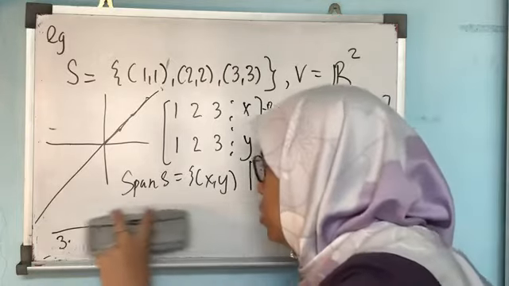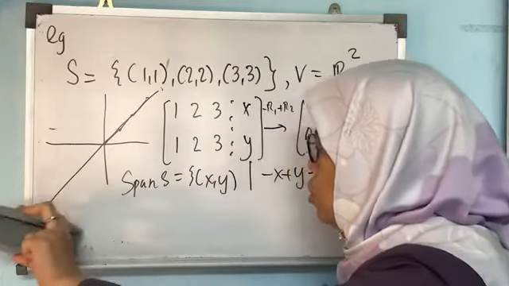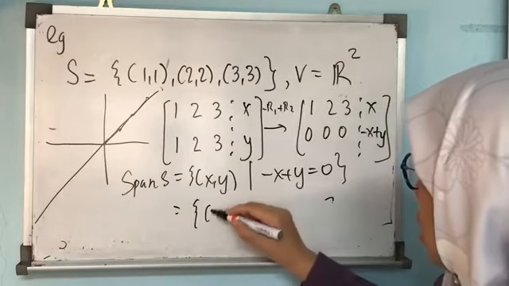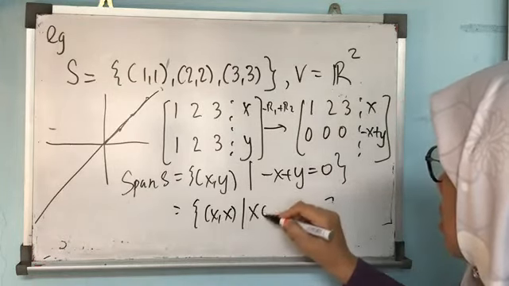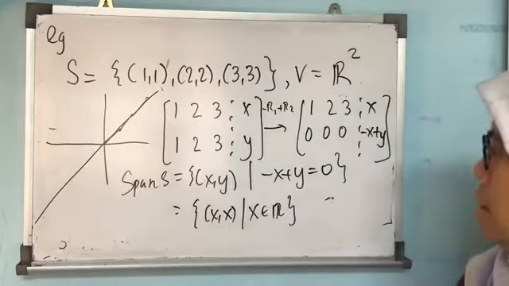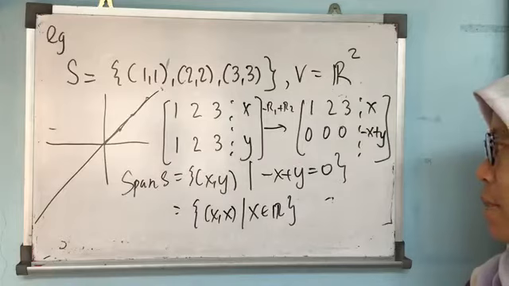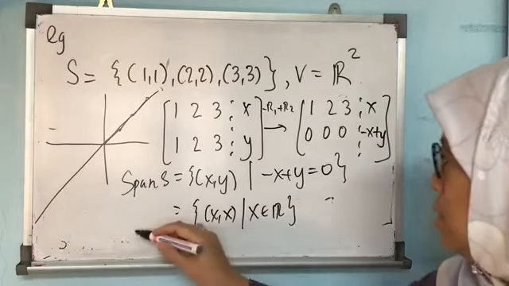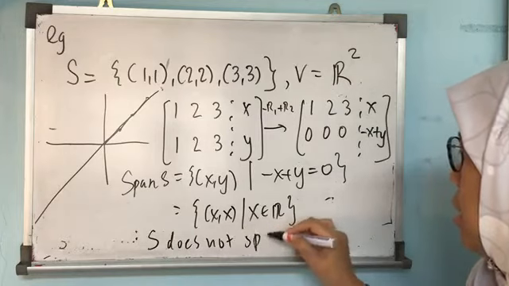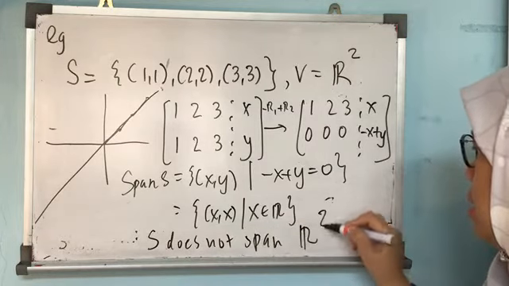This is not equal to R2. This is just equal to x. So that's why I said it's just that line. Span S is just this line. So S does not span R2.